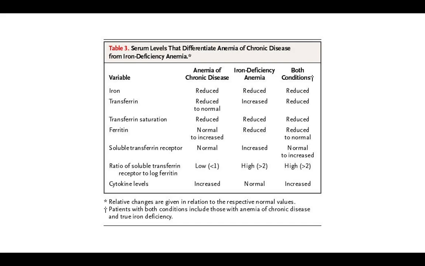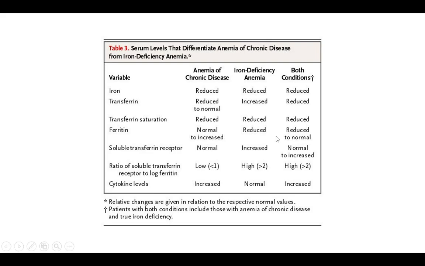So what are the lab features? Compared with iron deficiency, this is important. In both iron deficiency and anemia of chronic disease, iron levels are reduced. But transferrin levels, although increased in iron deficiency anemia, are reduced or normal in anemia of chronic disease.